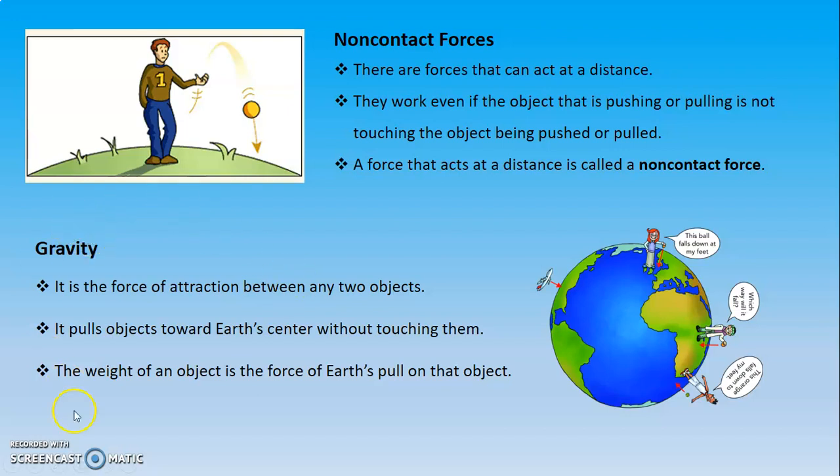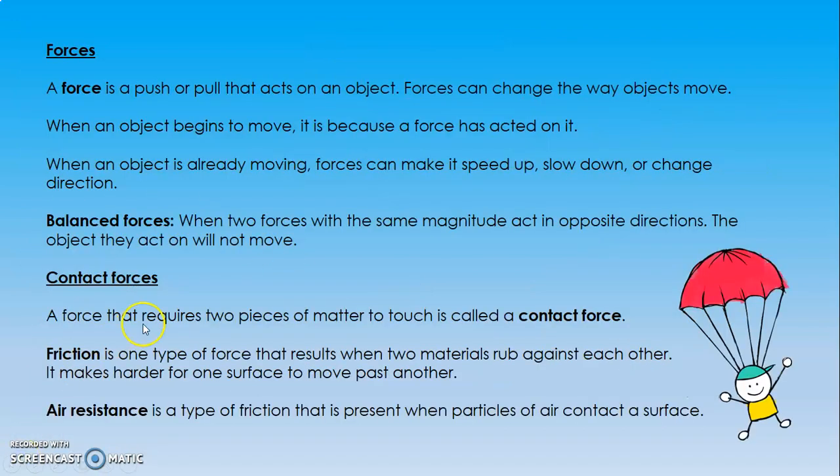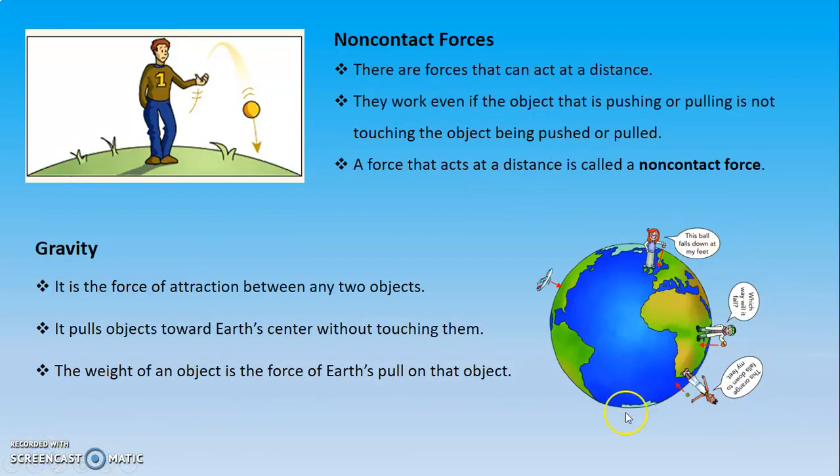We already know that friction results when two materials rub against each other. Number two, all objects in the universe have gravitational force. Yes, of course, all of them have gravitational force, so that it's true.